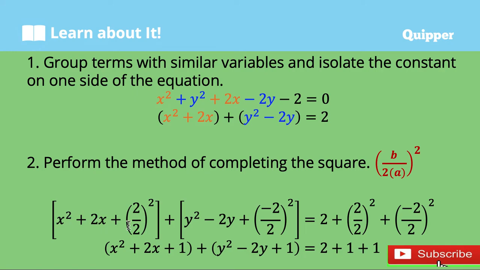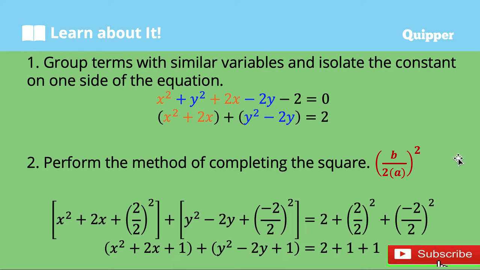So 2 times 1 is just 2. That is why our denominator is 2. Then 2 divided by 2 is 1. And 1 squared is 1. So I have here x squared plus 2x plus 1 for this group. This is already simplified.